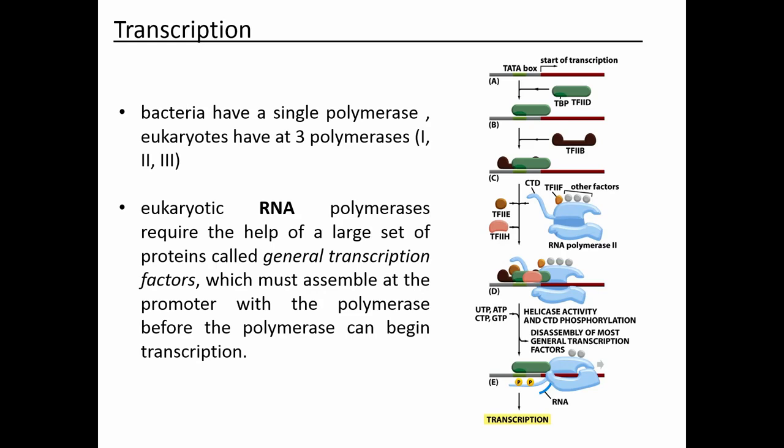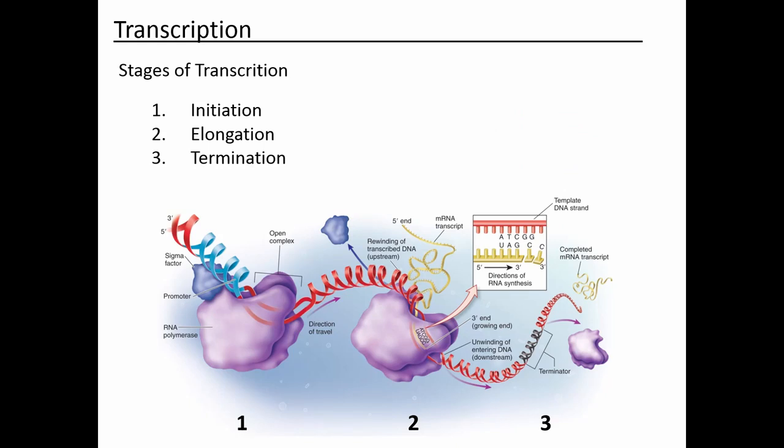Okay, so in addition to that difference, the second difference that I want you to know is how RNA polymerase binds to the promoter. So how RNA polymerase becomes bound to the promoter is different when you compare bacteria to eukaryotes. So going back to the previous slide, this is showing you bacteria.